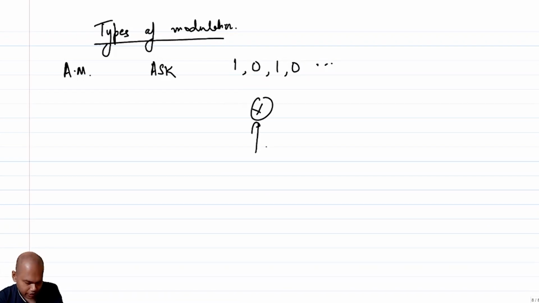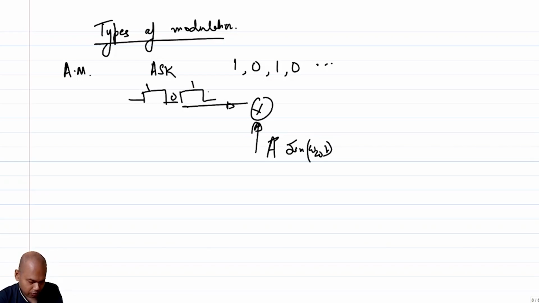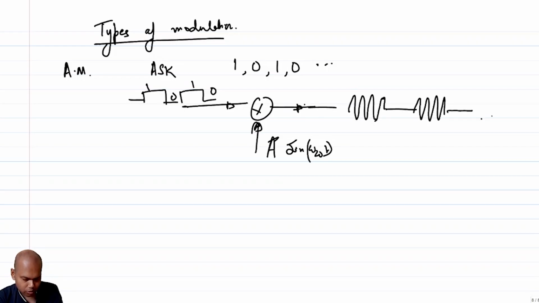You have, let's say, sine omega LO t. From here you send the bits which are 1, 0, 1, 0 and so on. At the output, what do you get? You get something like this, and then 0, then something like this, 0 and so on, right?